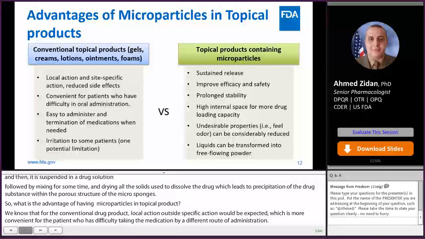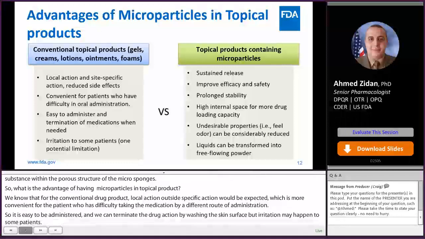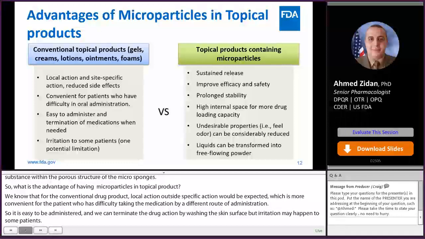However, inclusion of microparticles in topical drug products may offer some advantages, such as sustained release of the API, and it can improve the efficacy and safety profile of the drug product. It can offer prolonged stability, as the drug may be suspended in a molecular or amorphous state in the microparticle. And this microparticle offers high internal space for more drug loading capacity.